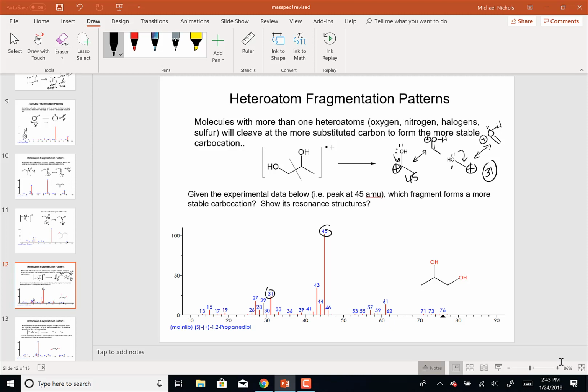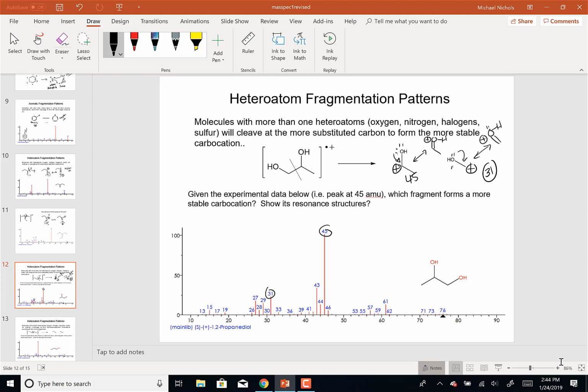So we'll cleave at the more substituted carbon to form the more stable carbocation. Notice that the mass spectrum would be evidence that secondary carbocations are more stable than primary.